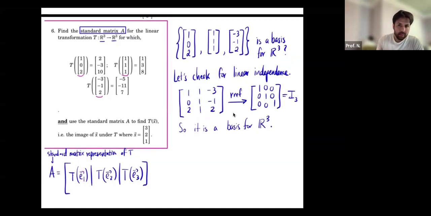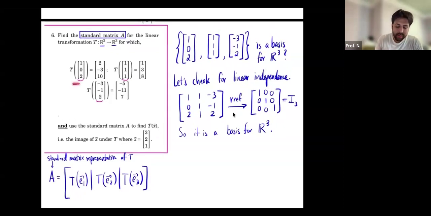The problem at the moment is that I don't have the image of E1, nor E2, nor E3. I have the images of other basis vectors, as we just showed. This is a basis because they're linearly independent in a three-dimensional space.